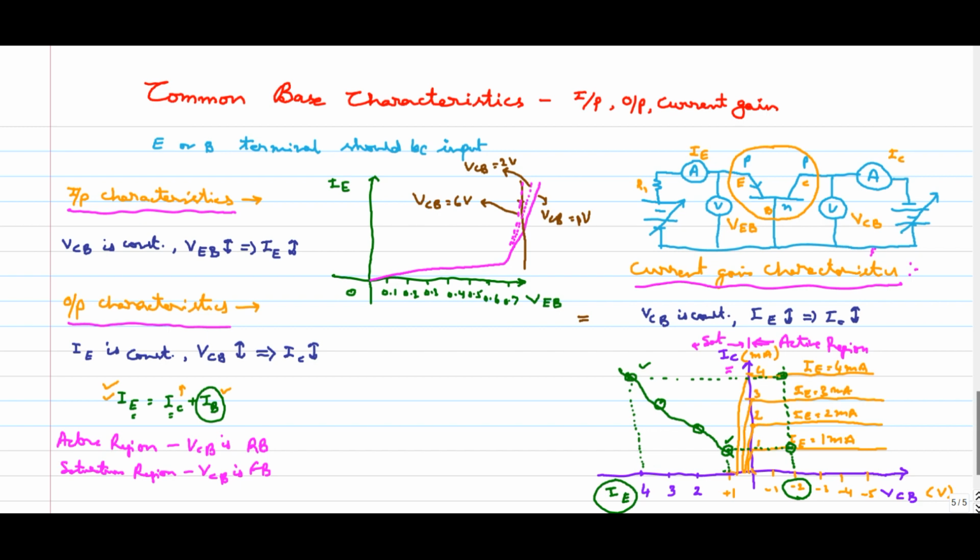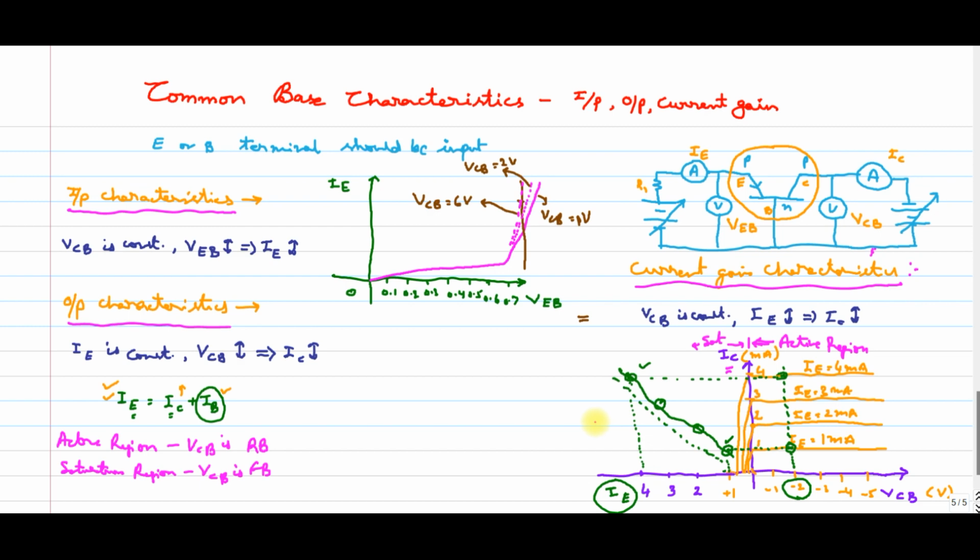Sometimes it shows a small increment in IC also. At that time these lines differ. Maybe one line may be like this and the second line like this for various VCBs. For different VCBs these lines are different, with a little bit of change.